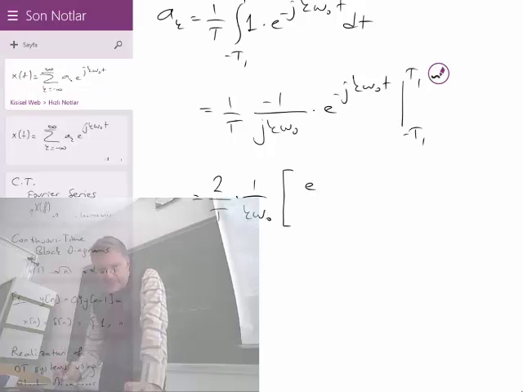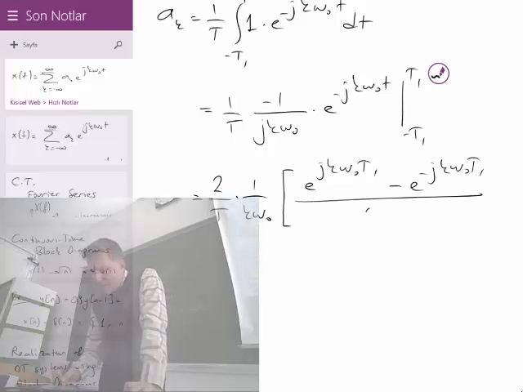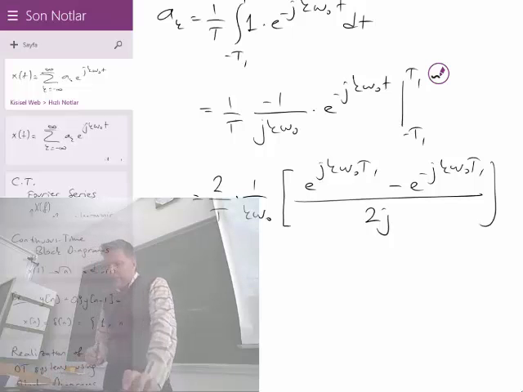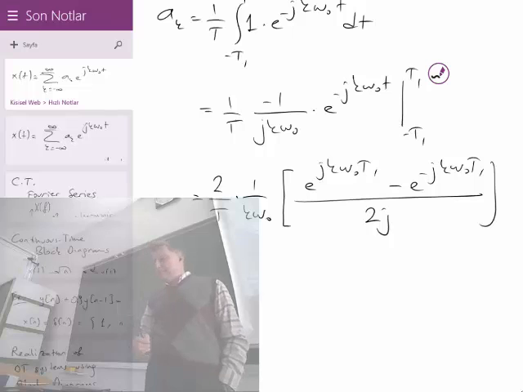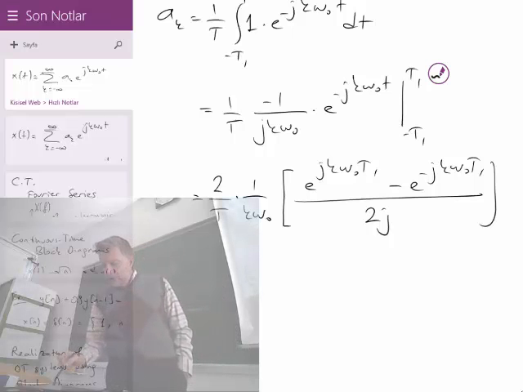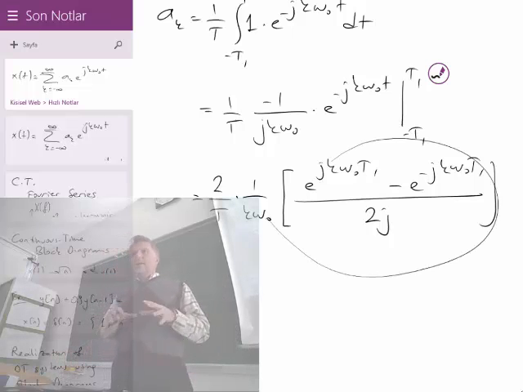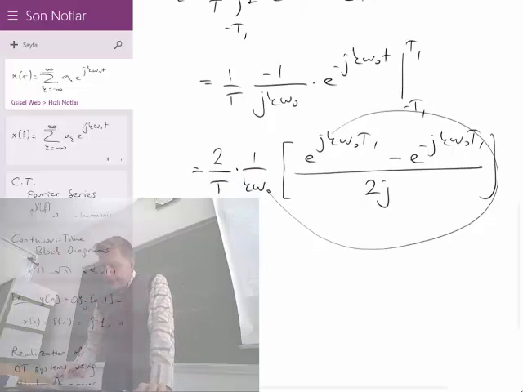The first one is positive. e to the j k omega 0 t1 minus e to the minus j k omega 0 t1, divided by 2j. You see that this j comes from here, and by putting a 2 in the numerator, I was able to put a 2 in the denominator. Why did I do that? Because this huge right-hand side term is now a sine. It's the Euler's expansion of a sine.